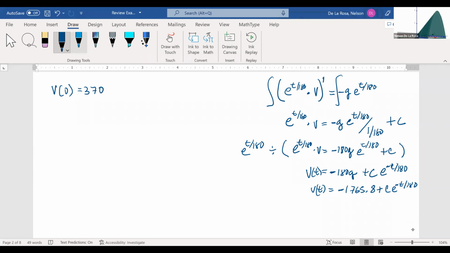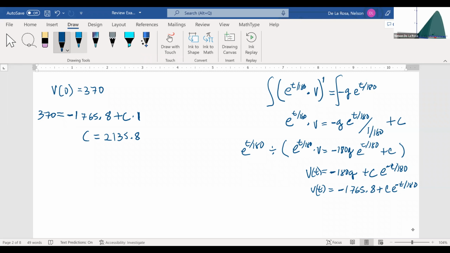So keeping that in mind, we have 370 is equal to negative 1765.8 plus c times e to 0, right? And that is 1, e to 0 is 1. So c is equal to 2135.8. So that's going to be the value of the constant c.